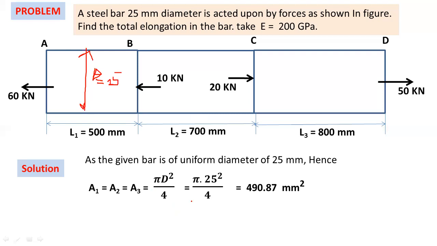Pi by 4 D square is the formula for circular cross sections. So the cross section area is equal to 490.887 mm square. This is the cross section area of each section.